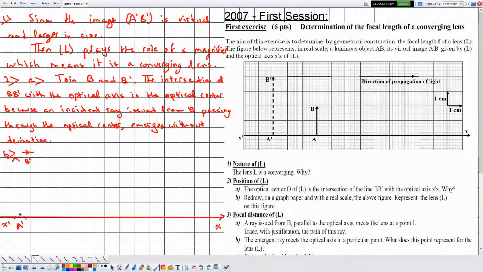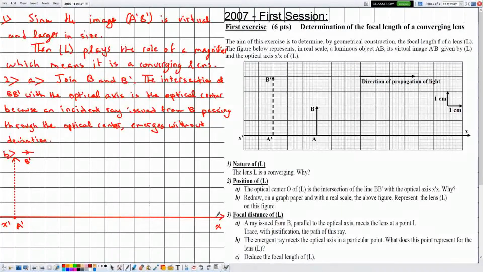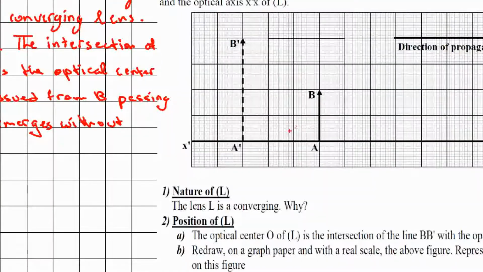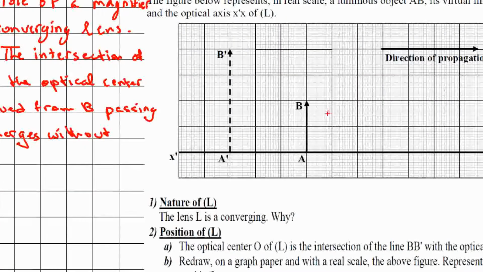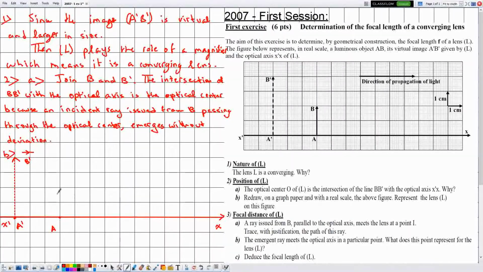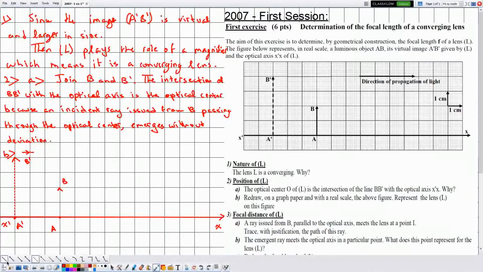The image is dotted because it's virtual. Now the point A is located 1, 2, 3 divisions behind A prime. So 1, 2, 3, this is the point A. Moreover, we have the point B located 1, 2 divisions above the point A, and a hat is found on B. Now let's trace the object.